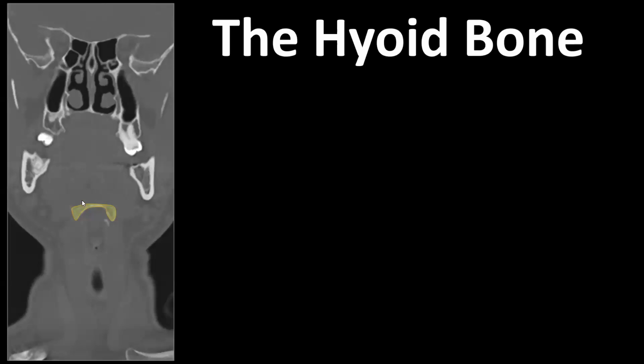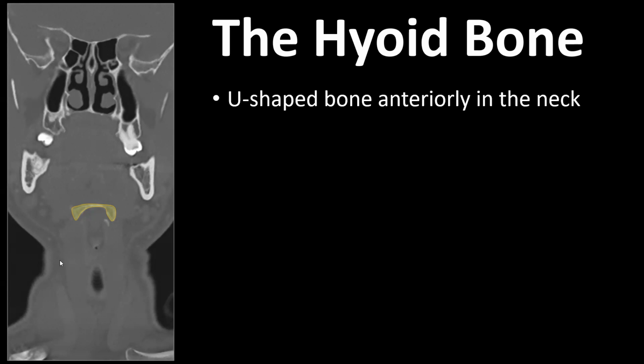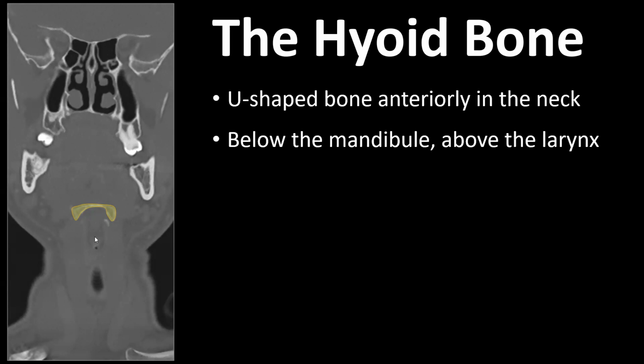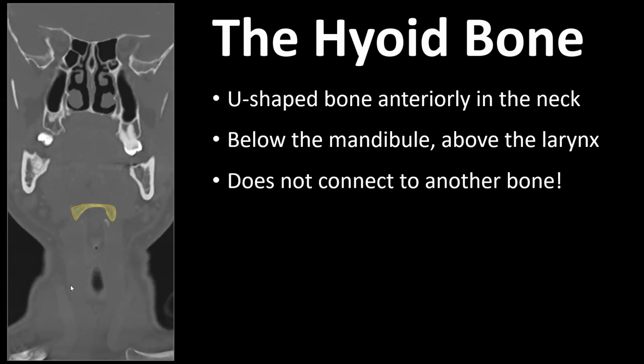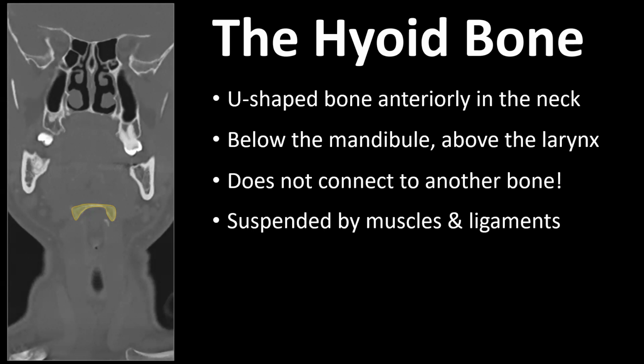We can see it here on this coronal CT image and bony window of the neck, and it is located, as said, anteriorly in the neck, below the mandible and above the larynx, which we can't really see, but is located over here. It is the only bone in the human body that is not connected to another bone, rather it is suspended by several muscles and ligaments, and this gives the hyoid bone a certain mobility.